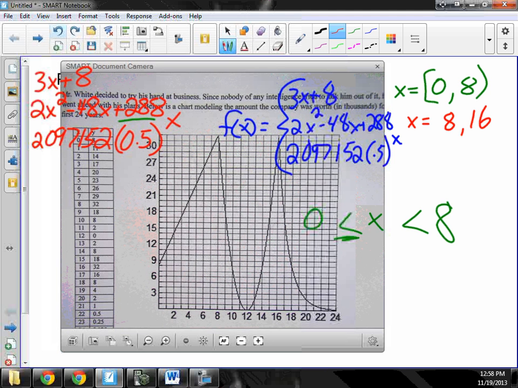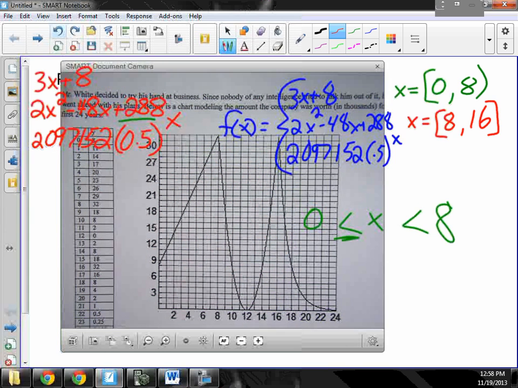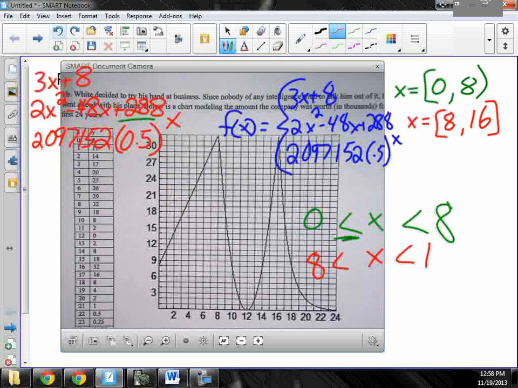We didn't include it on the previous one. And I'm going to go ahead and include 16. But we have the option. You could either put it with the quadratic or put it with the exponential because they share an endpoint. Okay? In inequality notation, it would be 8 less than x less than 16. Do either of those get equals? Both of them do. So it would look like that.